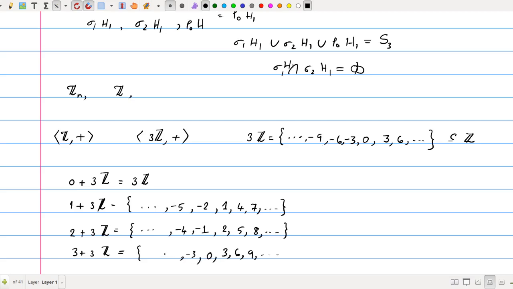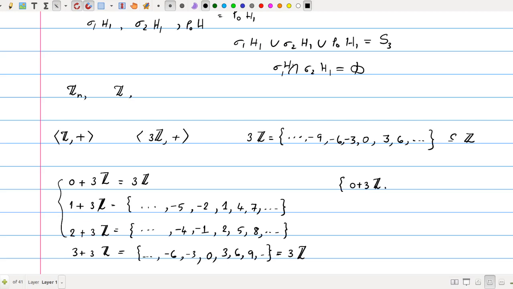Instead of minus 9 we have minus 6, etc. So this will give the same thing, 3Z, which is equal to 0 plus 3Z. If you write the rest of the cosets, you can observe that those cosets are one of the cosets we have written here.